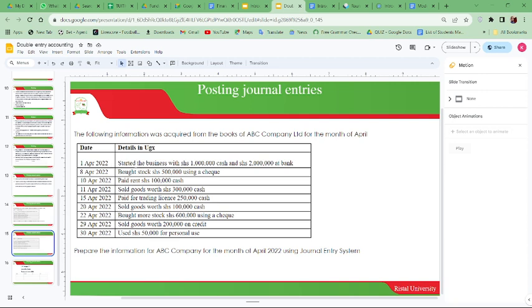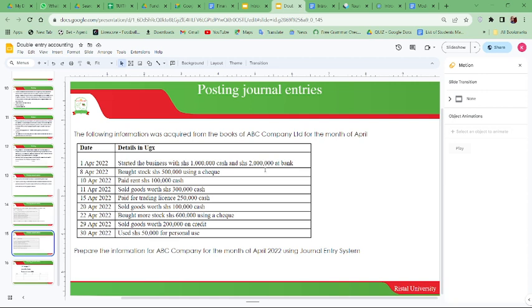So here they are saying ABC company started a business with 1 million cash and then 2 million at bank, which means it had capital of 1 million in cash and capital of 2 million at bank.